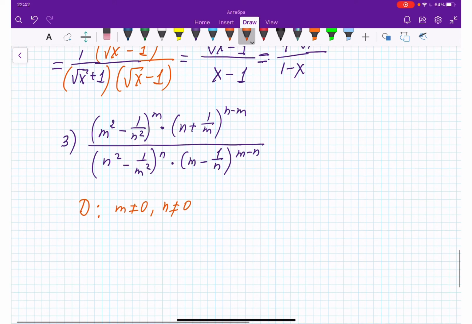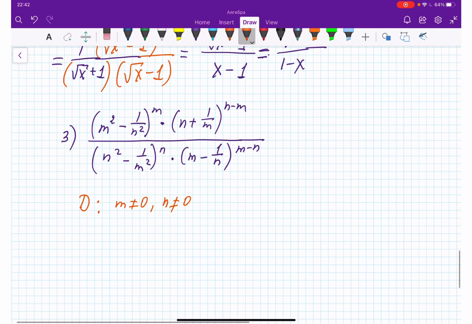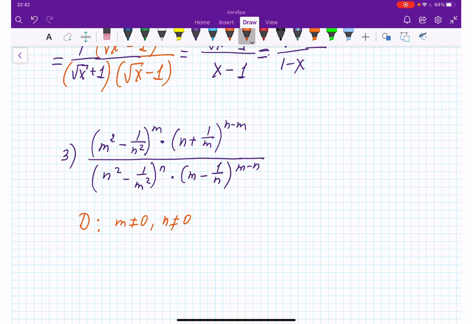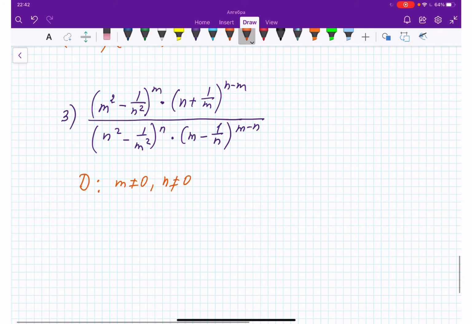Okay, what kind of changes we can do? First of all, I'm going to bring to common denominator every single parenthesis. That's the first thing I want to do, because there is nothing else to simplify. So therefore, the only thing we're going to do is bring to common denominator.